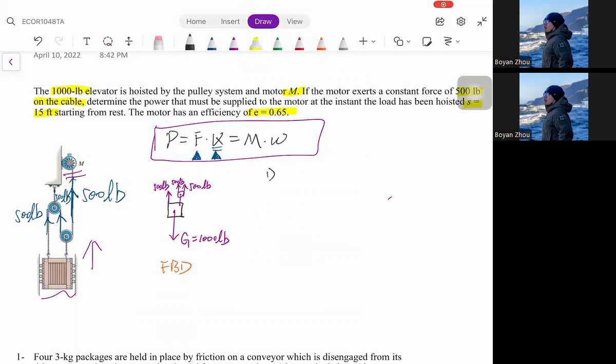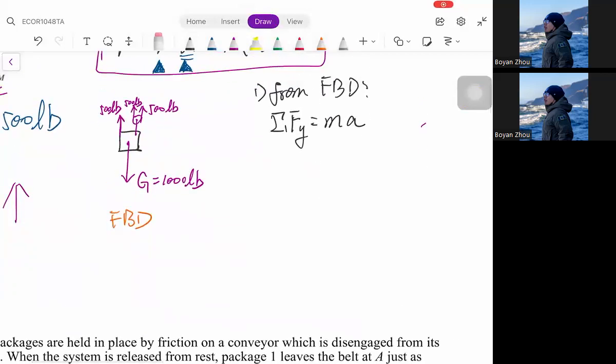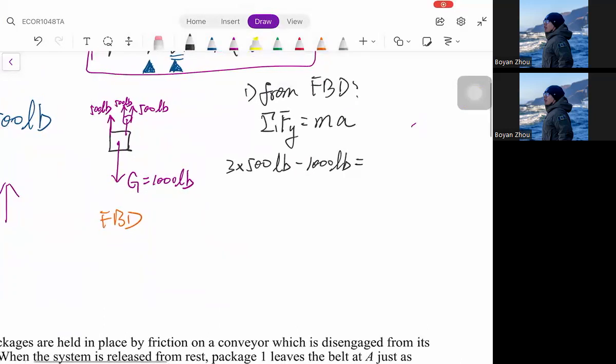From the free body diagram, we can use Newton's second law. The force in the y direction is equal to m times a. The resultant force is 3 times 500, the force from the cable, minus the weight of the elevator, equal to m times the acceleration.